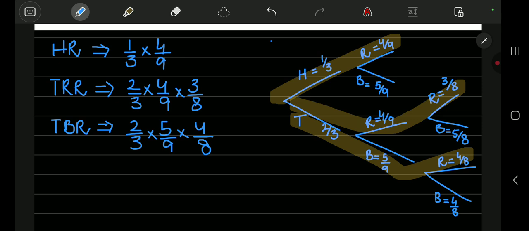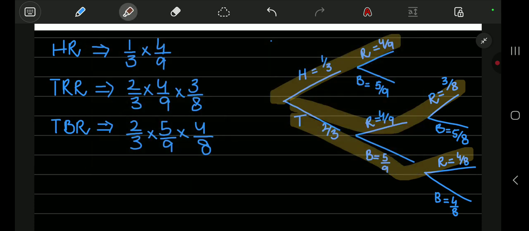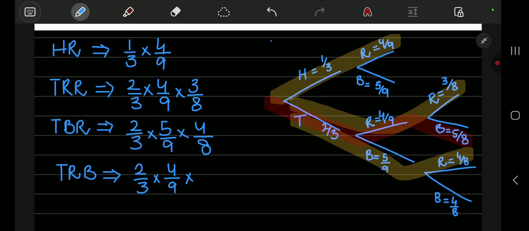Tail, red and blue. Okay, there will be one more branch. Tail, red and blue gives you 2 over 3, 4 over 9, and blue is 5 over 8.